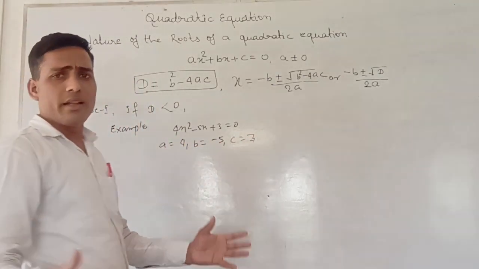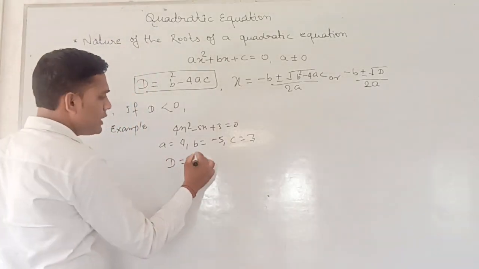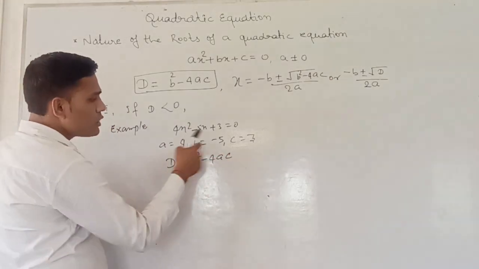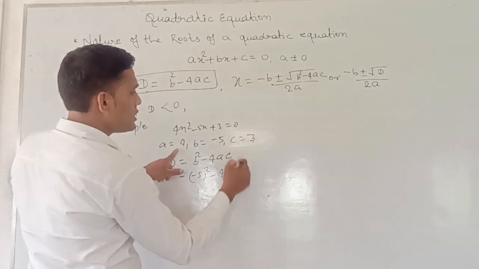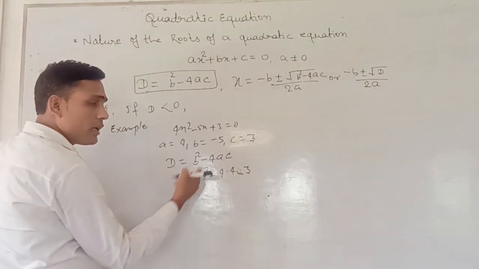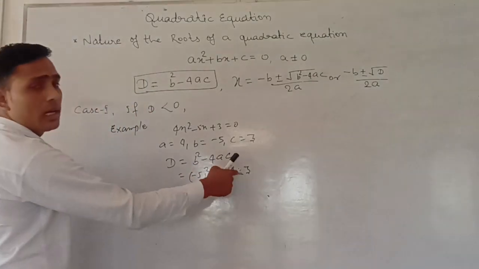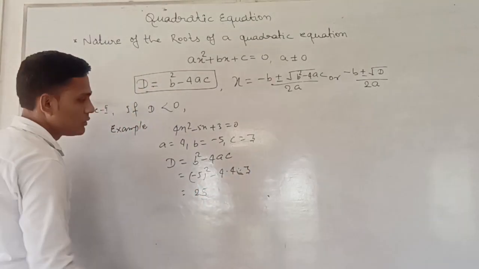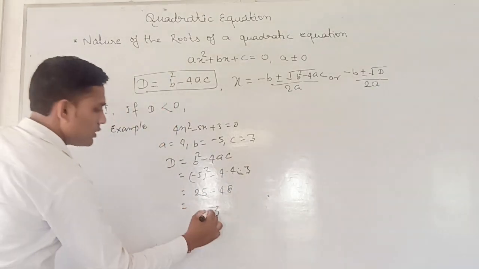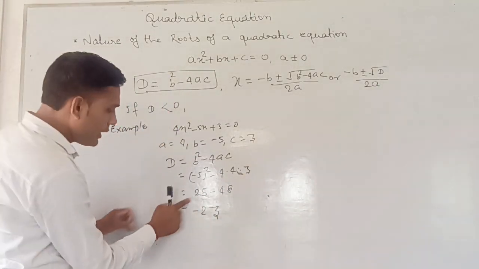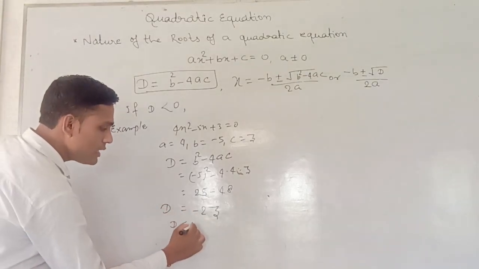First of all, I am finding the discriminant D equals b square minus 4ac. b is minus 5 whole square, minus 4 times 4 times 3. Minus 5 whole square means 25, and 4 fours are 16, 16 threes are 48. So 25 minus 48 is minus 23. We are getting D equal to minus 23, which means D is less than 0.